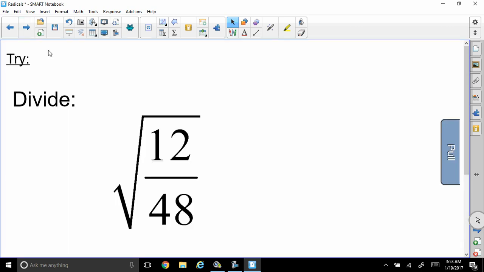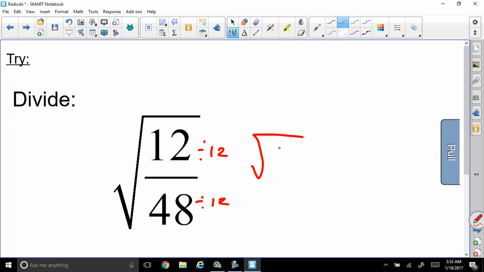So here's our first question. So we have square root of 12 over 48. All right, well, how do we begin this? Well, I notice that 12 over 48, I could reduce this by dividing it by 12, both top and bottom, and I would have 12 divided by 12 is 1, 48 divided by 12 is 4.